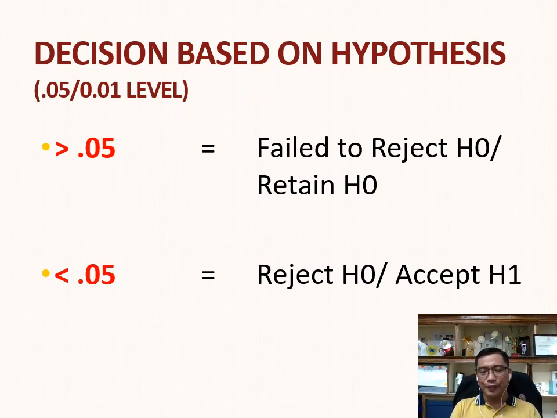Therefore you have failed to reject the null hypothesis, or you may simply retain the HO. If it's lesser than 0.05, then you should reject the null hypothesis and accept the alternative hypothesis, because the evidence that you have gathered is within that reasonable doubt.